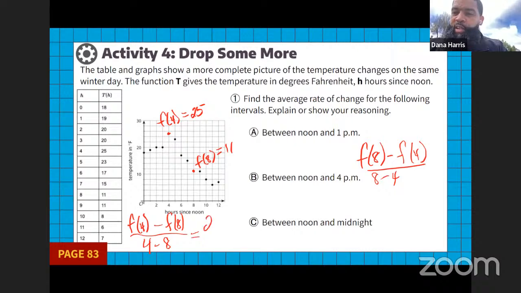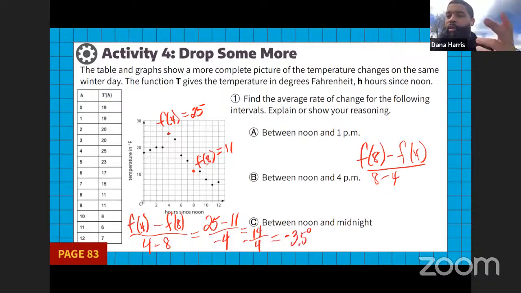f of 4 is 25, f of 8 is 11, and then 4 minus 8 is negative 4. We simplified this, and it looks like it's 14 over 4. It's negative, and we simplified that, and it's approximately 3.5. So it's a decrease of 3.5 degrees per hour in that interval.